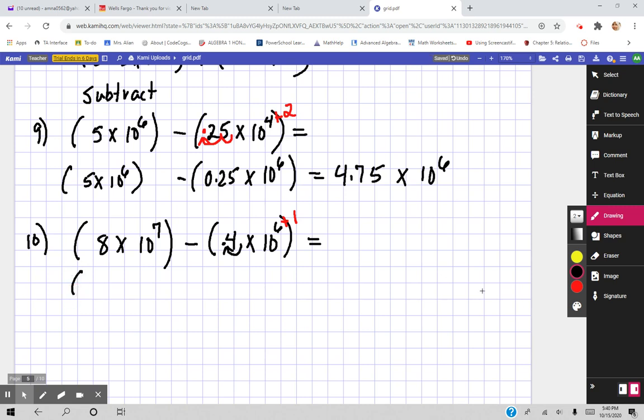Okay, so now we have 8 times 10 to the 7 here minus 0.4 times 10 to the 7th here. Okay, well, 8 minus 0.4 is 7.6 times, keep our common power. Okay?